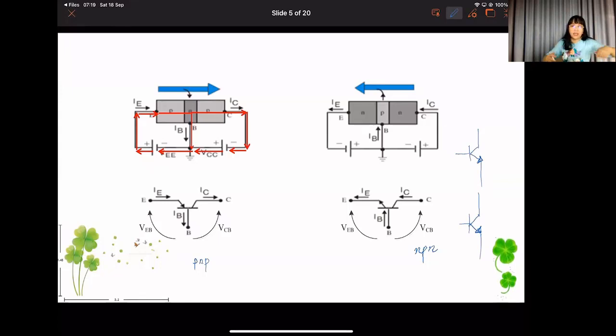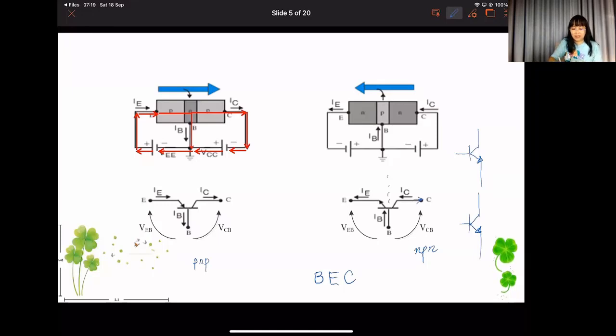The first, the horizontal one, means we have BEC: base, emitter, collector. You should divide the circuit into two parts, on the left and on the right.